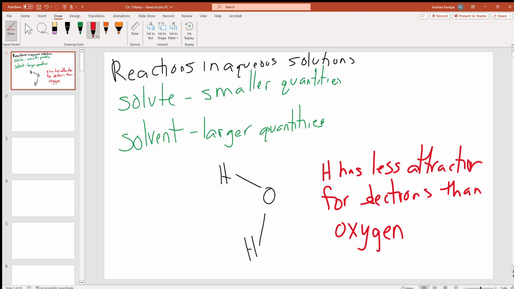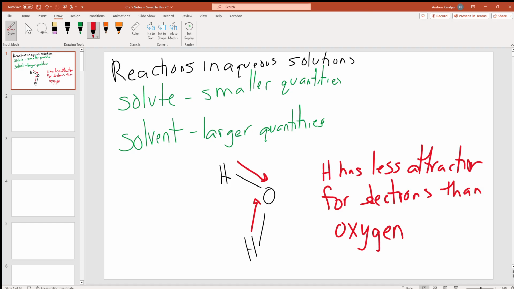Recall, ionic bonds are when one element gives the electrons to the other element, and then we have two charged species. That's not the case in water. However, because hydrogen has less attraction for these electrons than oxygen does, the electrons are not shared equally. They're pulled more towards oxygen than they are to hydrogen.